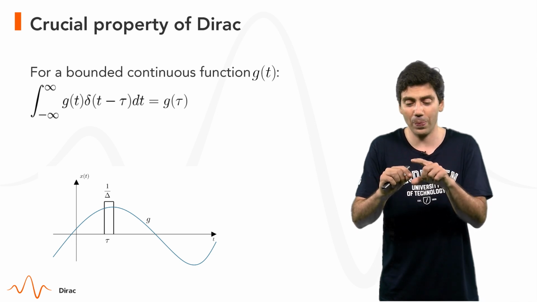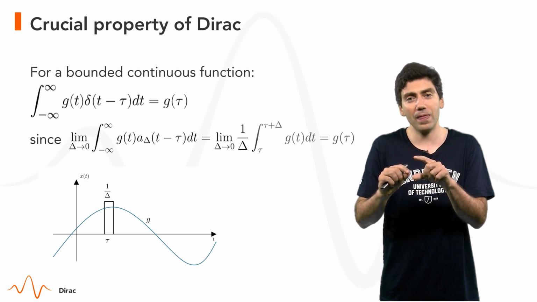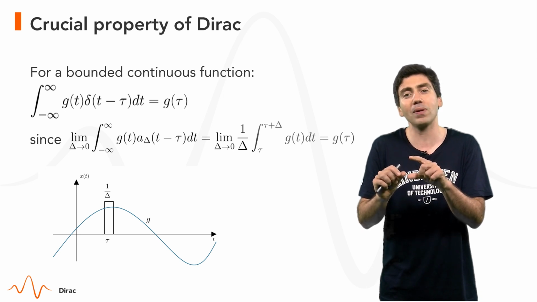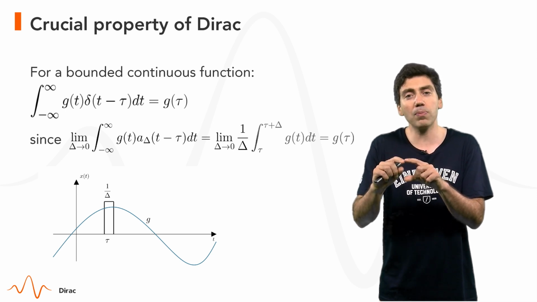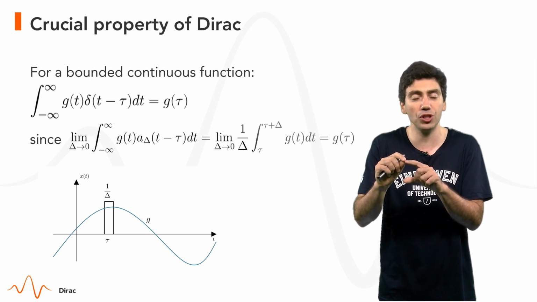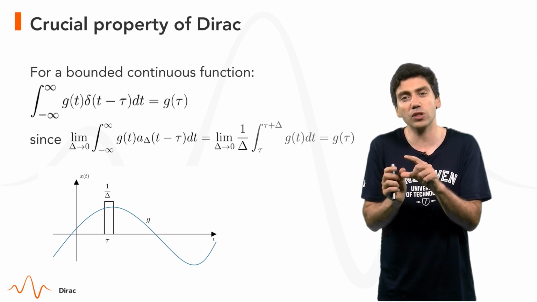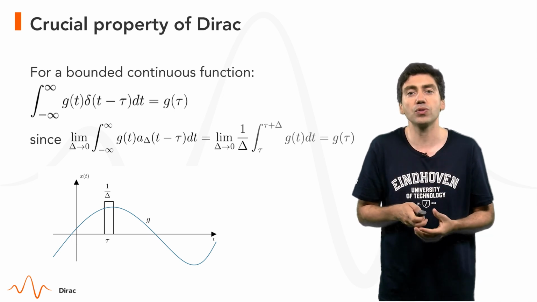If I take the integral of g times one of these limiting functions, which are rectangular functions in the interval from tau until tau plus delta, the area is going to be 1, but they are multiplied by some values which, as delta goes to 0, are very, very similar to g of tau. Since the function is continuous, as we make delta smaller and smaller, this integral will become closer and closer to g of tau.